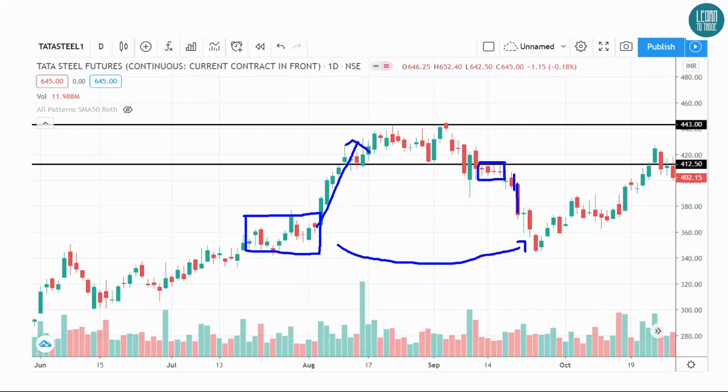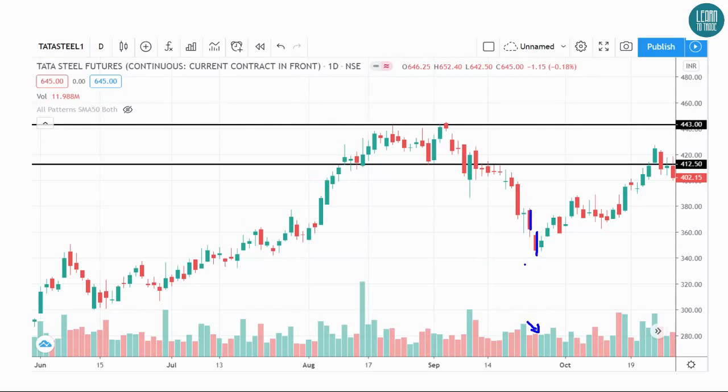When price started moving towards downside, the volumes slowly increased, and then a sudden drop in the volumes when price continuously moves towards downside.